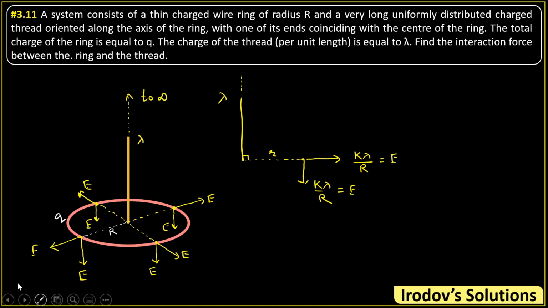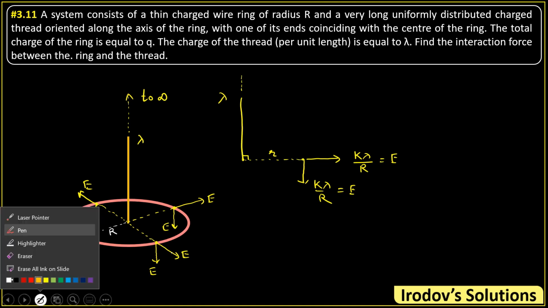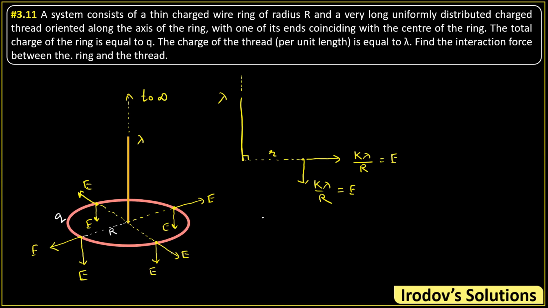So the force of interaction between these two charge distributions is F equal to Q into E, and E is equal to K lambda by r.